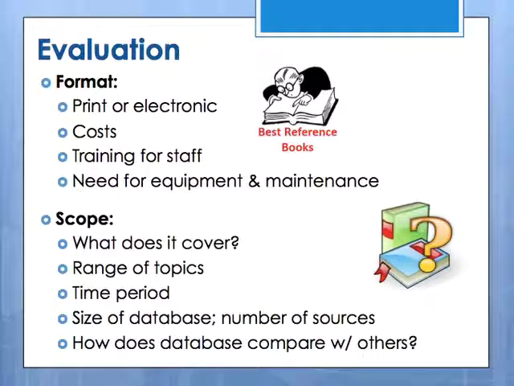Something to bear in mind is that with a print edition, you own it forever, but with an electronic version, you buy access, which can vary between limited use, where only a certain amount of people can use it at a given time, or unlimited access. Also, is your library buying in a consortium with other libraries, which can reduce your costs? And if not, would your library consider being in a consortium?